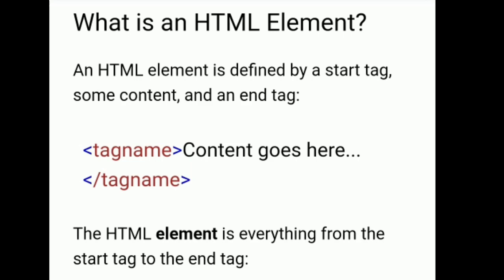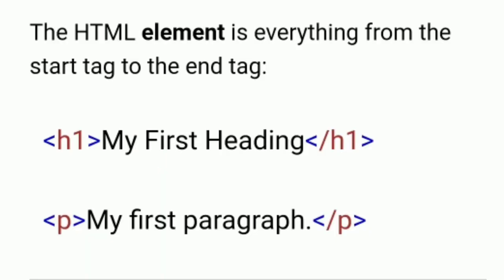Looking at examples of start tags: the h1 start tag is an opening tag, the element content is my first heading, and the end tag is /h1. Then the p tag, a paragraph tag, is a start tag, the content is my first paragraph, and the end tag is the /p tag.